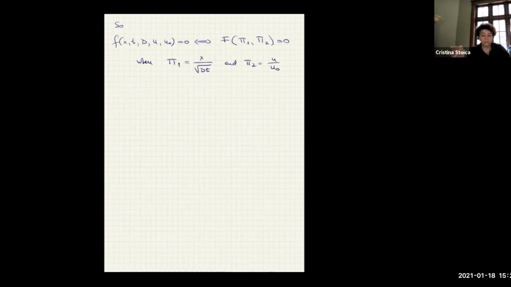Okay, with both these guys having no dimensions. So there are no dimensional.